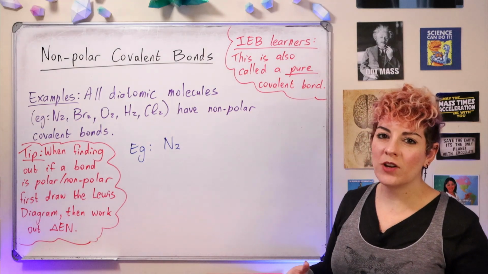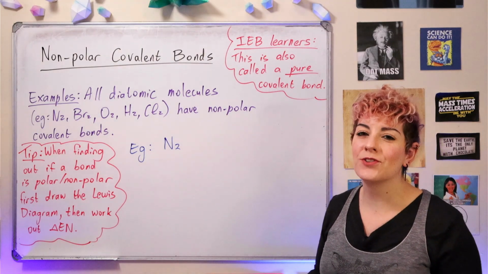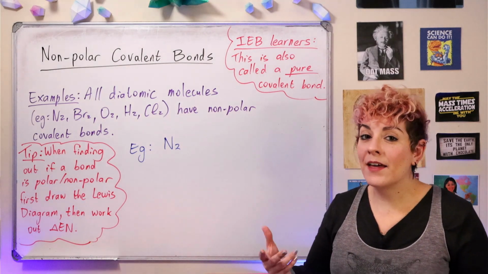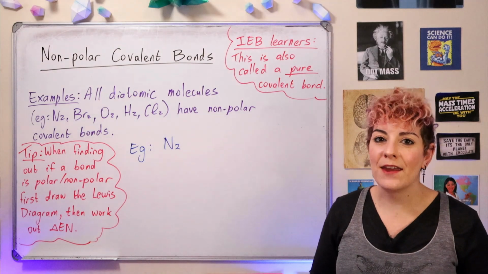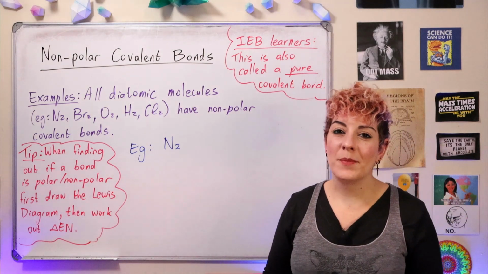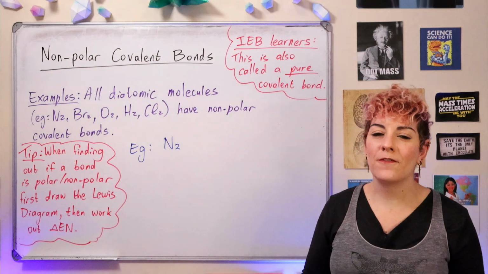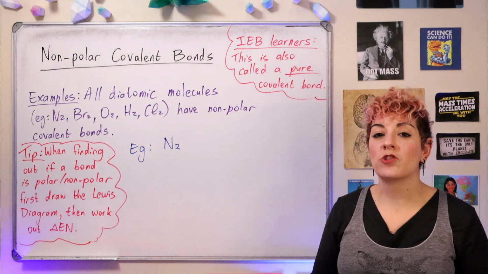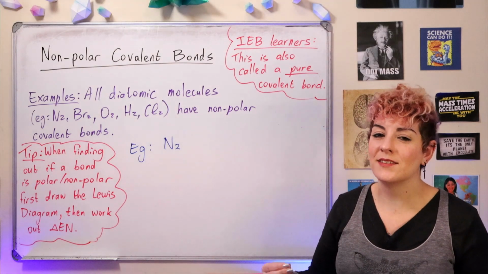N2, that's nitrogen, Br2, bromine, O2, that's oxygen, H2 is hydrogen, Cl2 is chlorine, and then the other 2 examples would be iodine, I2, and fluorine, F2. These are our diatomic molecules, and they all contain non-polar or pure covalent bonds because the atoms of the same element have the same electronegativity, so the difference in electronegativity is 0.